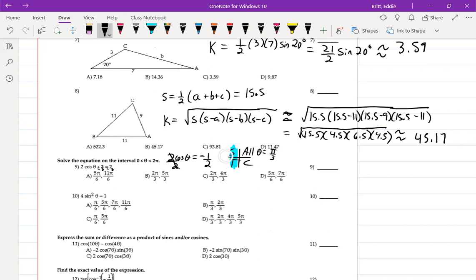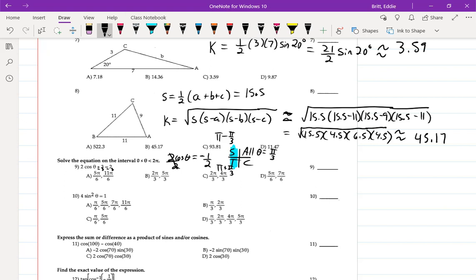So you can either use your big unit circle to find these other two answers, or just use the reference angle chart, or the reference angle formula. It's going to be pi minus pi over 3 and pi plus pi over 3. That's going to be your two answers.